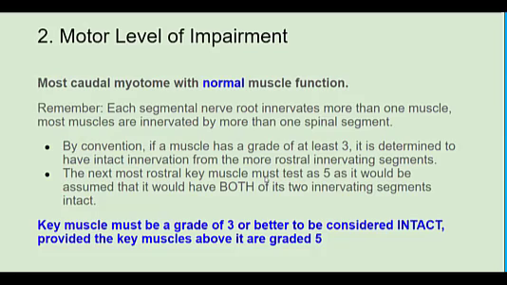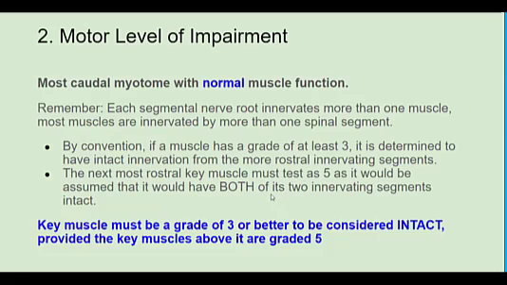We're going to move on to the motor level of impairment. This is going to be the most caudal myotome with normal muscle function. Now remember, each segmental nerve root innervates more than one muscle, and most of our muscles are innervated by more than one spinal segment. So the way that they have standardized this is that if a muscle has a grade of at least 3, it's determined to have intact innervation from that more rostral innervating segment.